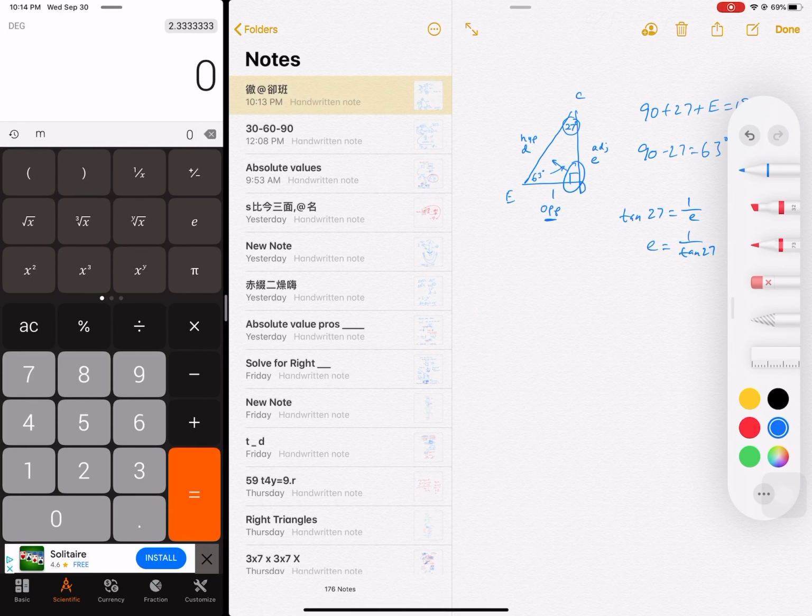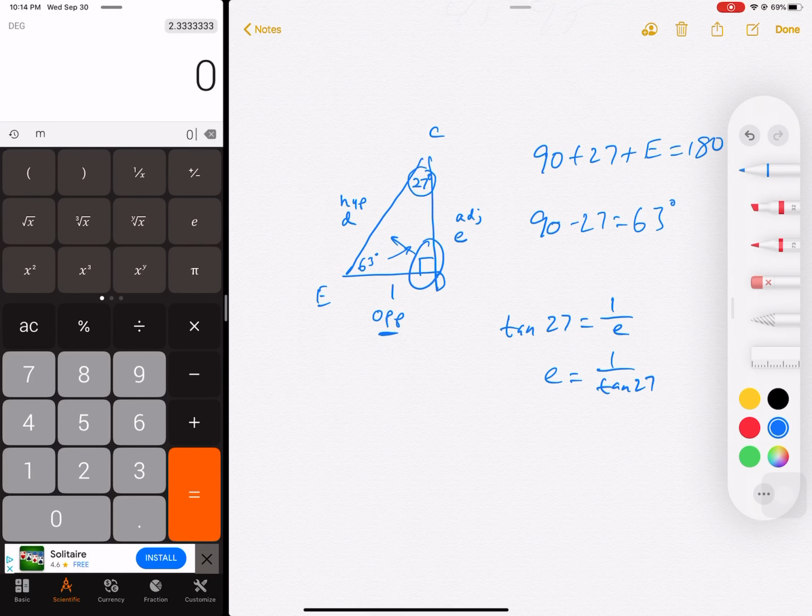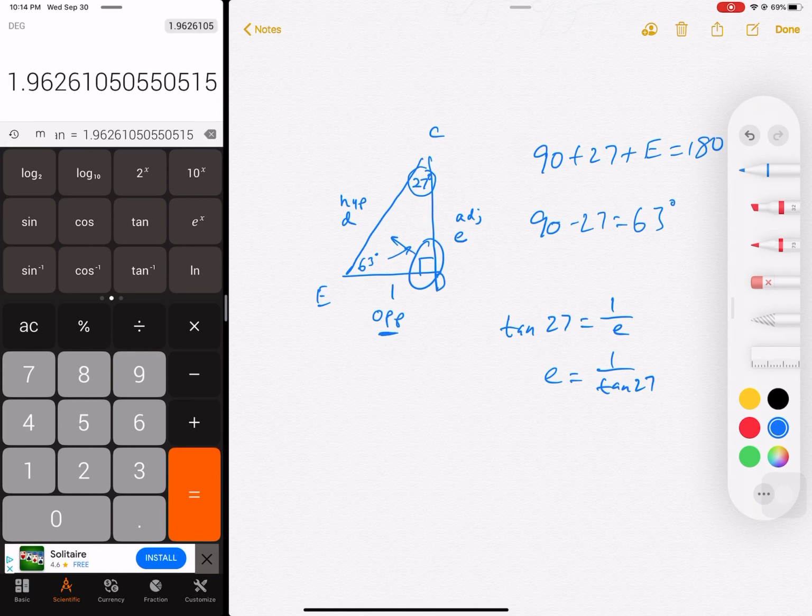We're going to say 1 divided by 27 tangent equals, the side should be E is 1.96. They're going to ask us to round to the nearest tenth in the problem. So the 9 is going to bump from 19 to 20, I guess you could think. That's going to be 2.0. That is my rounded value.